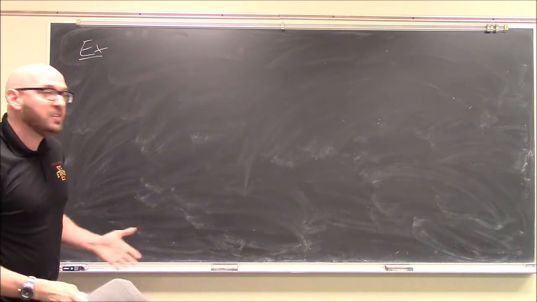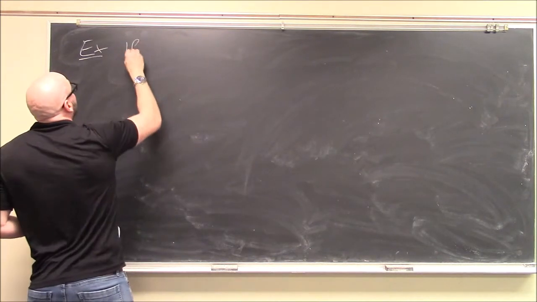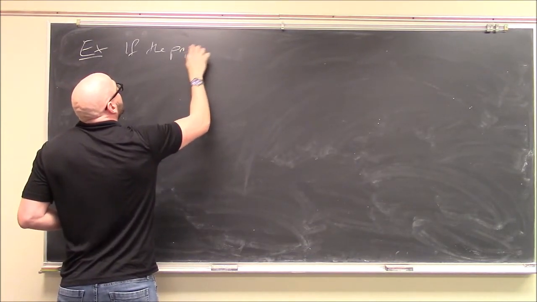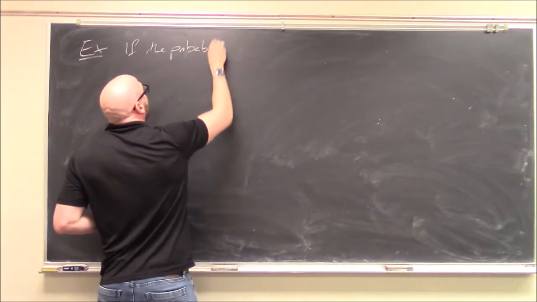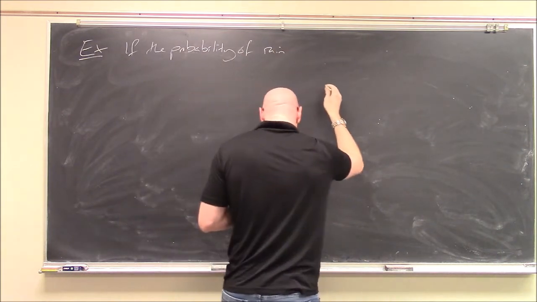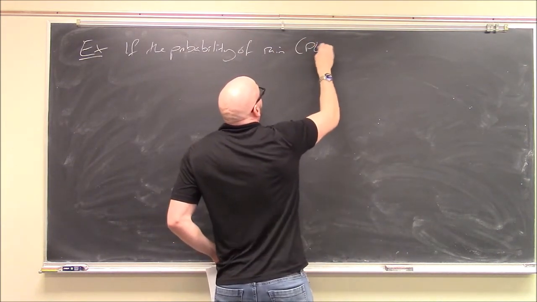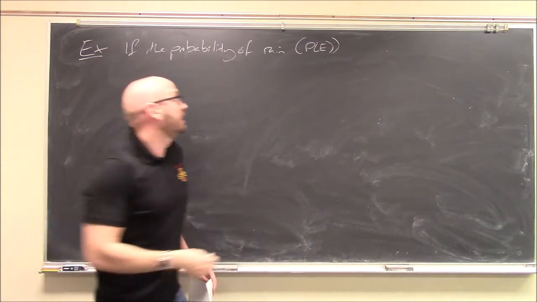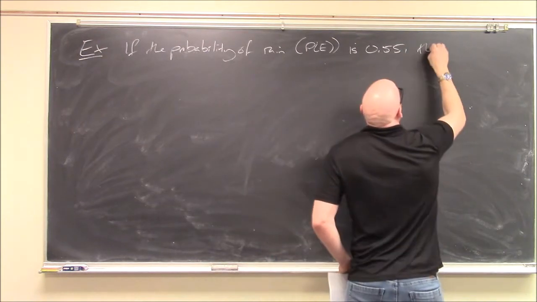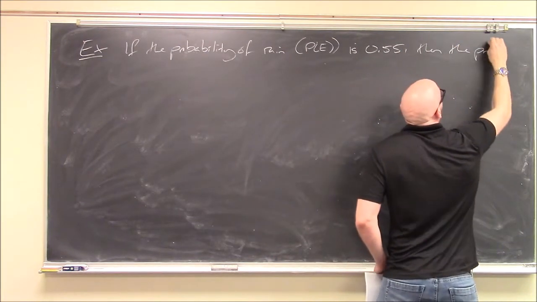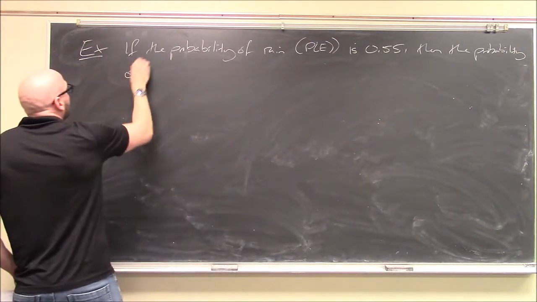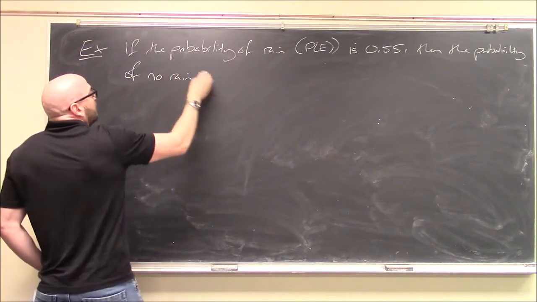So just to start off with a very simple example. For example, if the probability of rain, which is the probability of the event we're looking at, is, suppose, 0.55, then of course the probability of no rain would be the complement of this event.